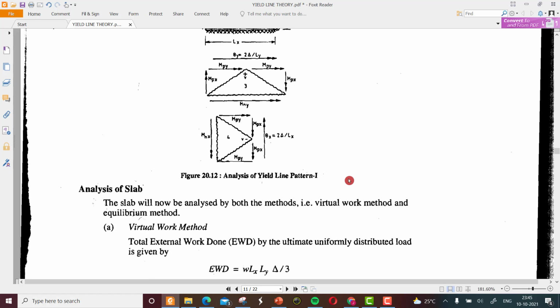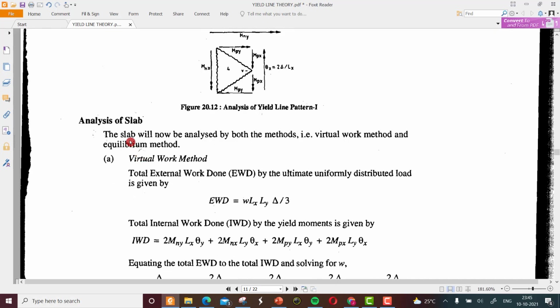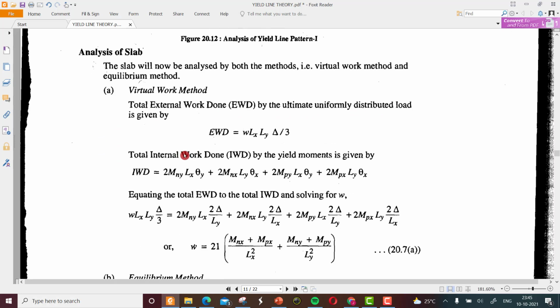Okay, so we will try to analyze the slab by two methods: the virtual work method and the equilibrium method. So the slab will be analyzed by both methods.